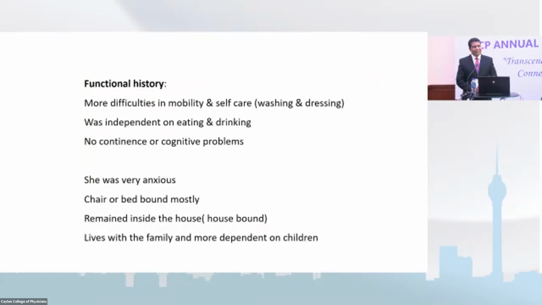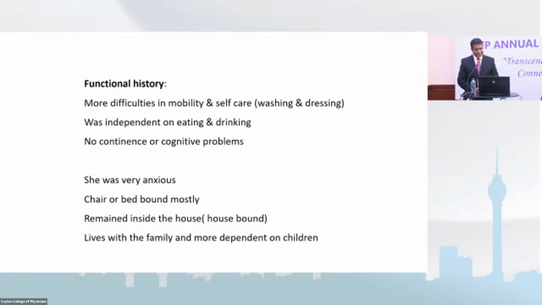When I did her functional assessment, she had more difficulties in mobility and self-care. She was able to walk, but she had some difficulties because she was hauling herself along the furniture and walls. She had problems with self-care, washing and dressing, but she was independent in eating and drinking, and had no continence or cognitive problems at that time.